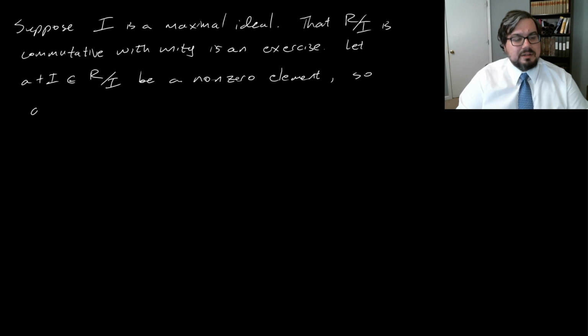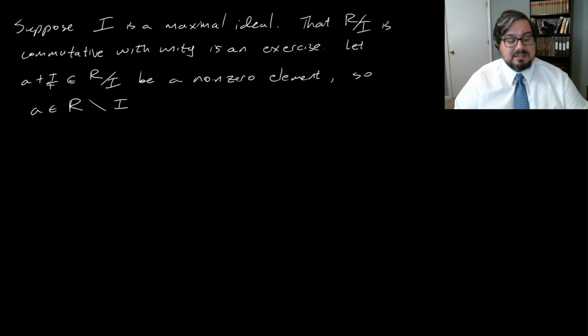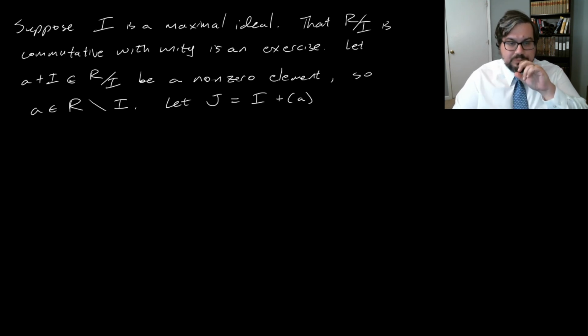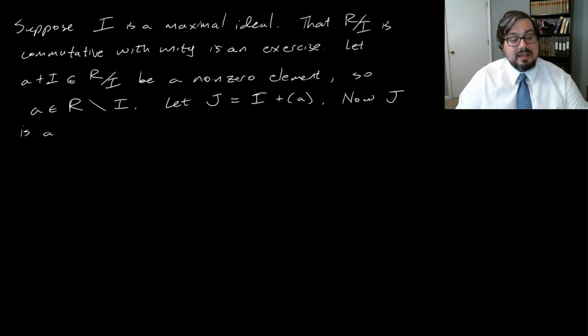So that means in particular that A belongs to the ring R, but not to the ideal I, because if A belonged to I, then A plus I would just be I, which is the 0 element inside the ring R mod I. So now let J be the sum of the ideal I and the principal ideal generated by A. So now J is an ideal.